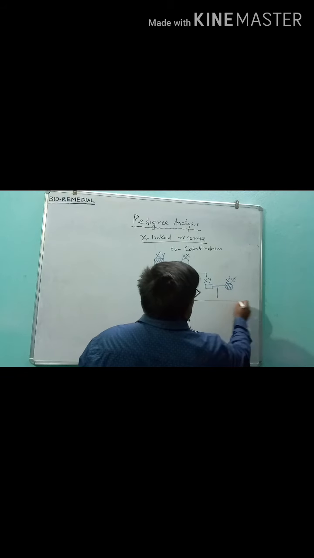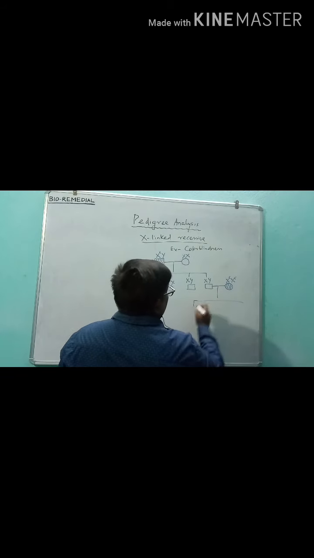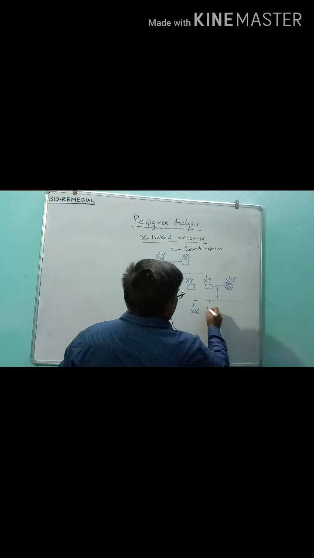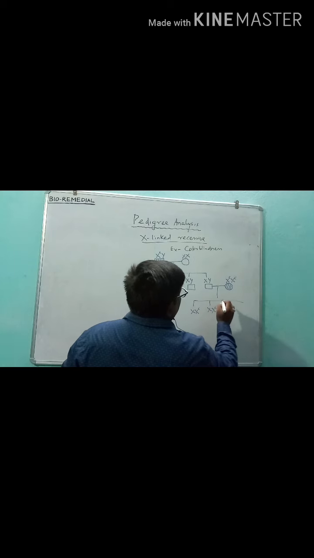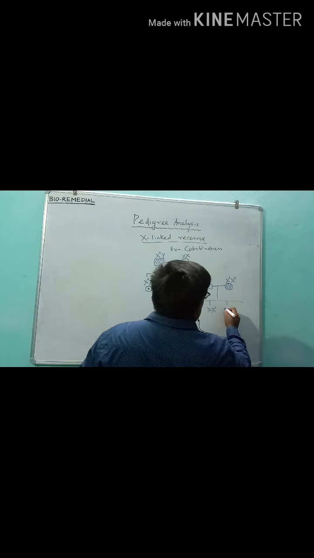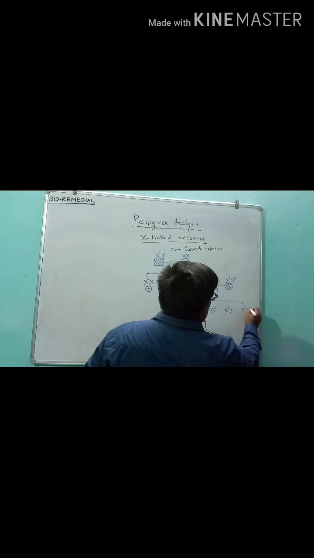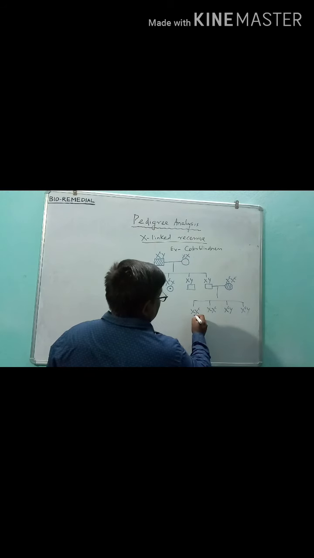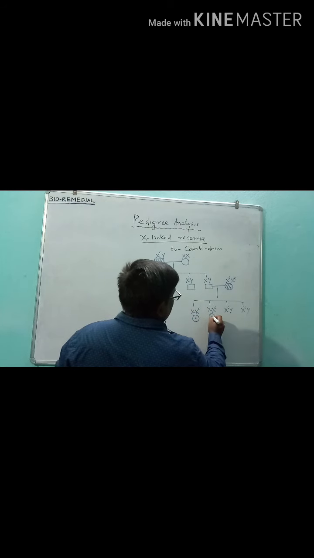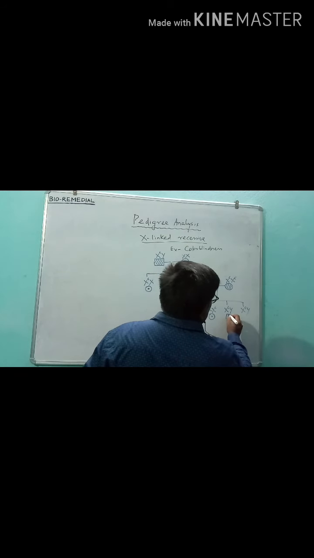Then what will be the offspring combination? X X^C, then obviously X X^C, then X^C Y, then X^C Y. Here the females will be carriers, but the males will be affected.